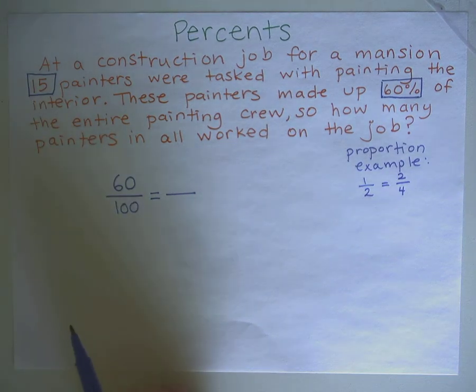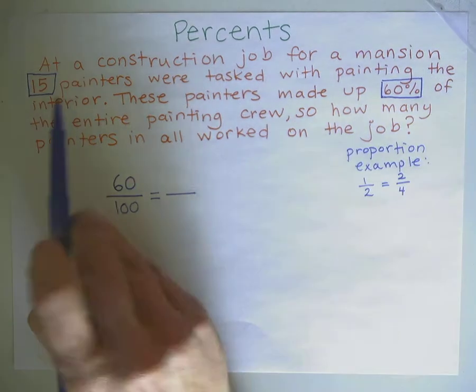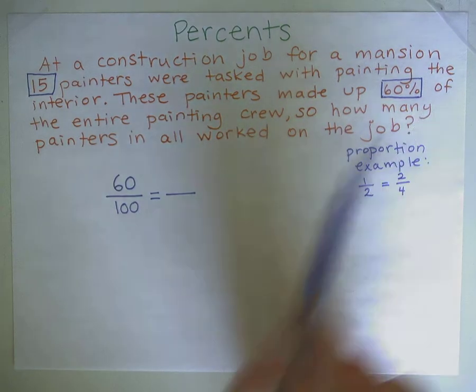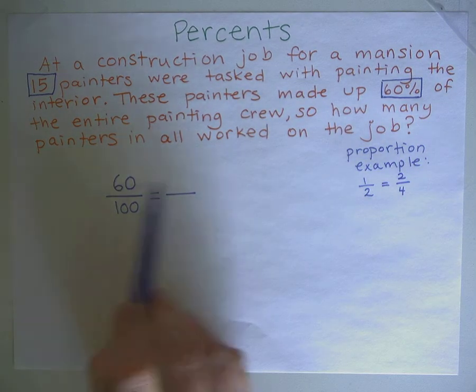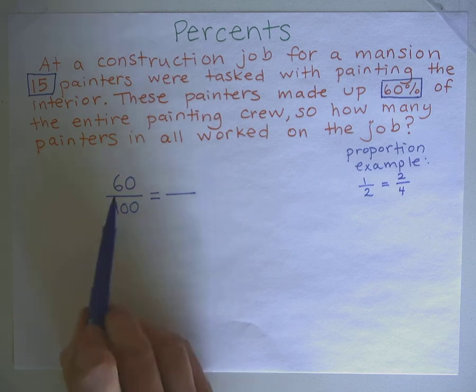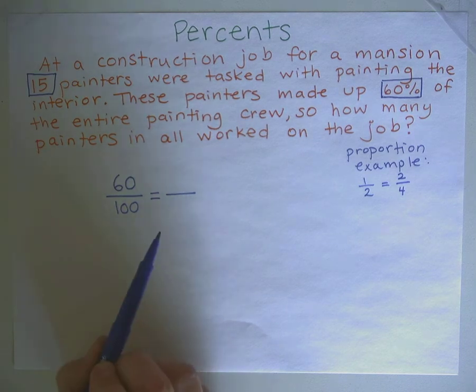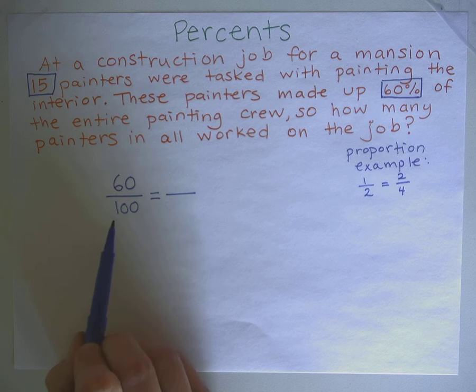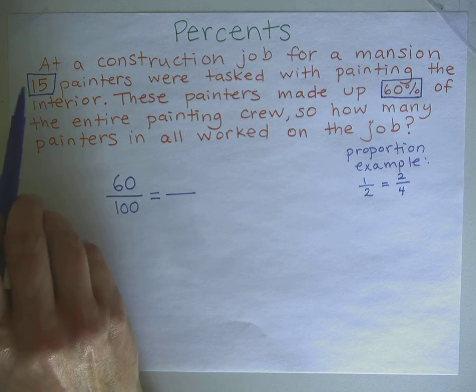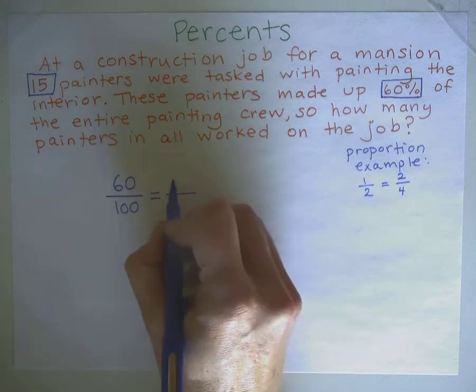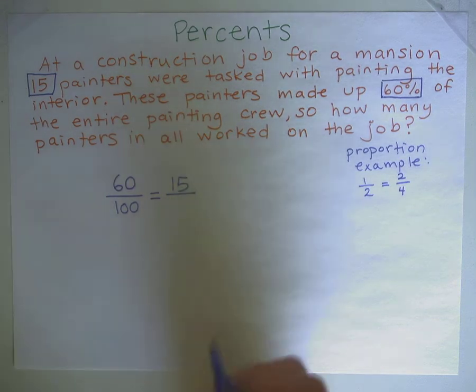Okay? So that's saying these painters made up 60%. So in my proportion, we're making things that are equal to each other. And so 60% is represented by 15 painters. That 15 is going to go right across from the 60.